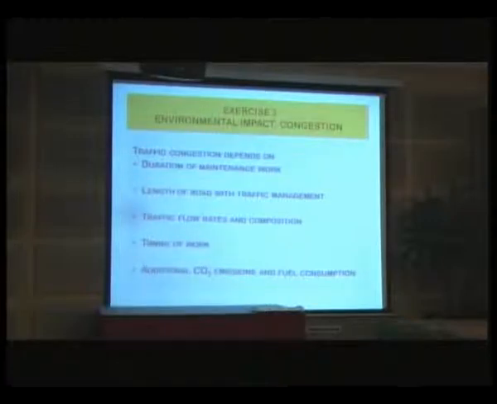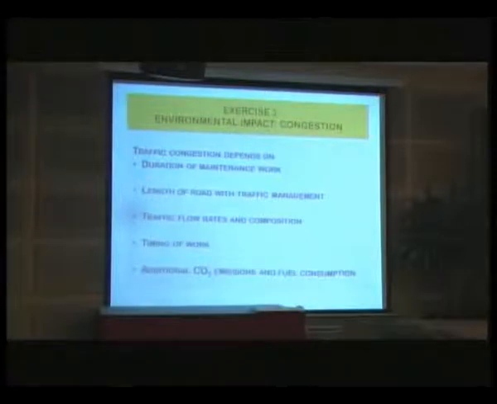Exercise 3 is calculating the CO2 emissions due to congestion. So again, I've mentioned this a few times, that during maintenance work there is disruption to traffic, and we've been able to come up with a procedure which enables the extra CO2 which is produced to be calculated.